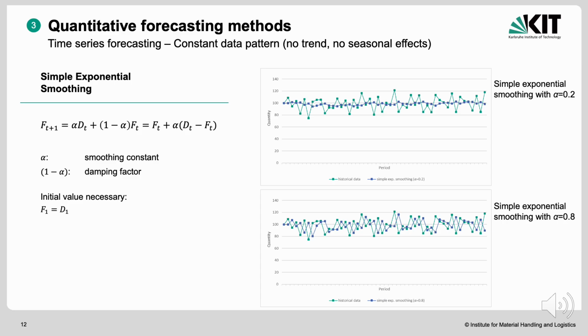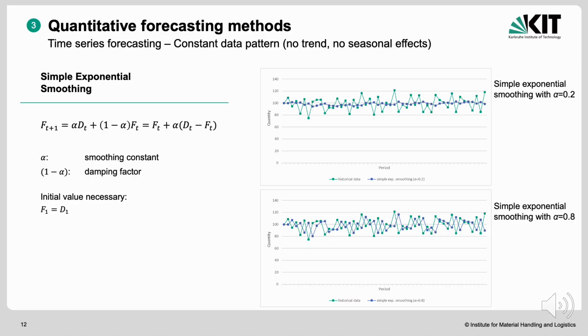So one part is alpha times the actual data, basically the naive part, plus 1 minus alpha times the old forecast. If you take the formula further, then the forecast is the old forecast plus alpha times the old demand minus the old forecast. In order to start the forecast, you need an initial value. For instance, you can say that the first forecast is the first actual demand.